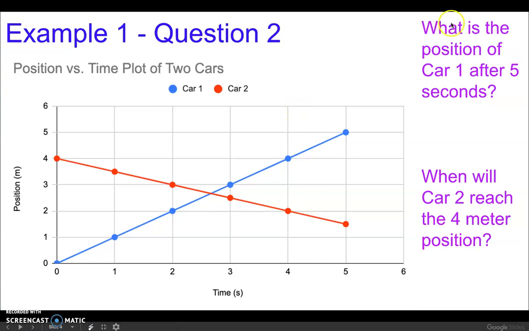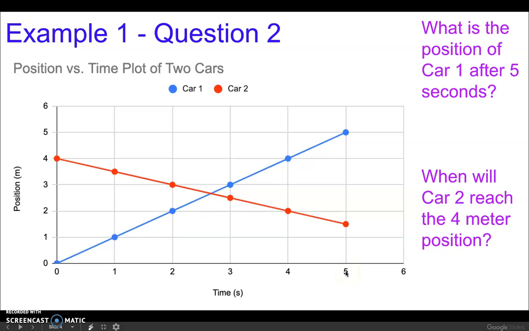Let's just do one more review question here. Let's see if we can find some information about the cars from the graph here. What is the position of car 1 after 5 seconds? So I'm going to go down to my x-axis where we're measuring the time in seconds. I'm going to find 5, and I'll follow that up to the graph for car 1.